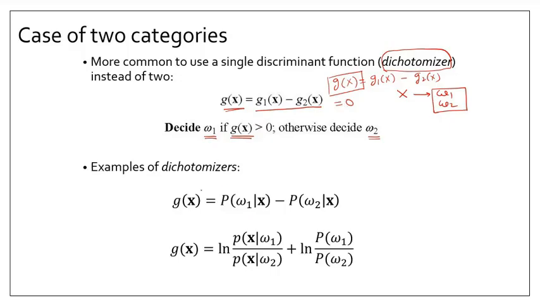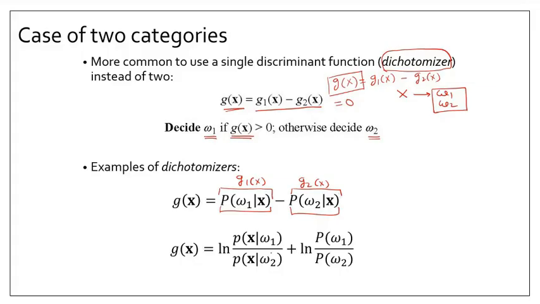So if I take that as my discriminant function, I can subtract these two posteriors. Earlier we have seen this as G1(x), and then I call this G2(x) in the last slide. If I subtract G2(x) from G1(x), that will be a new function g(x).